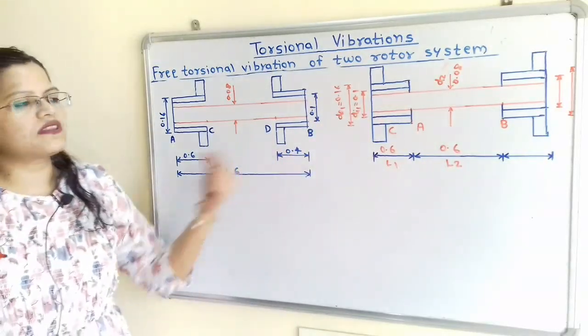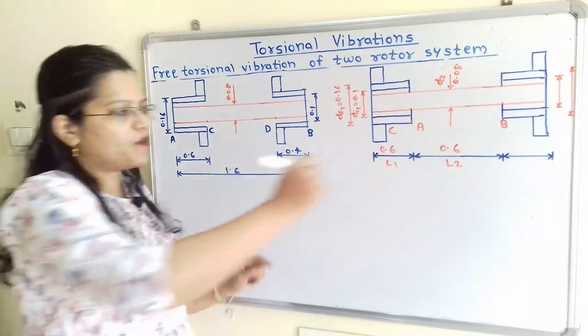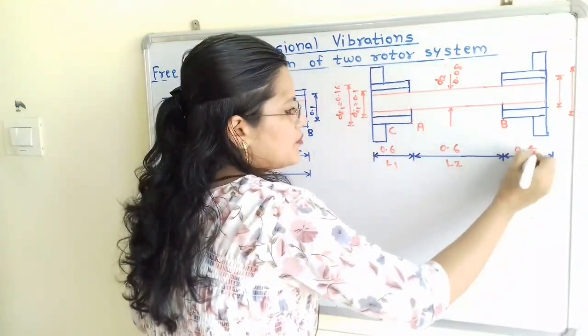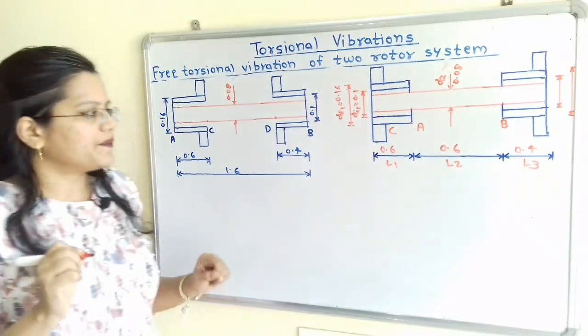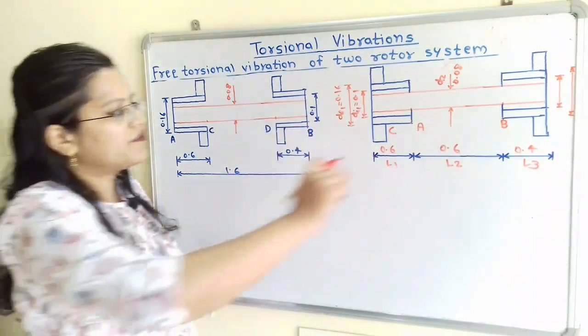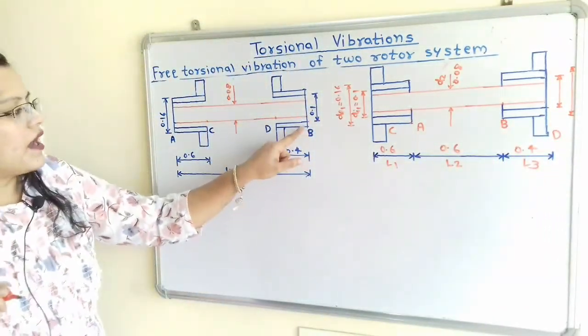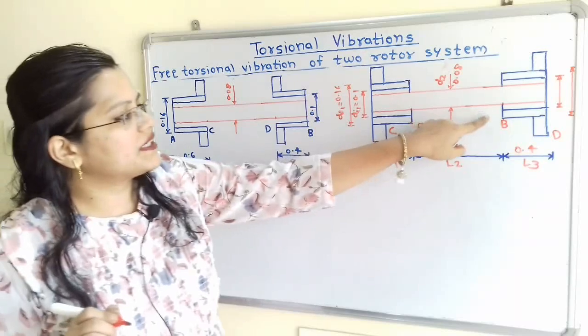Now we will move to the third section. For the third section, length L3 is given as 0.4 meter. Here we have to place point D at the end, where the rotor is, and the outer point to the inside.